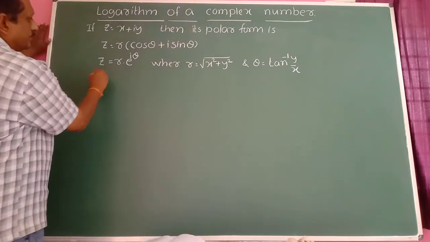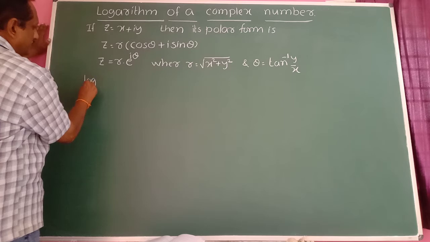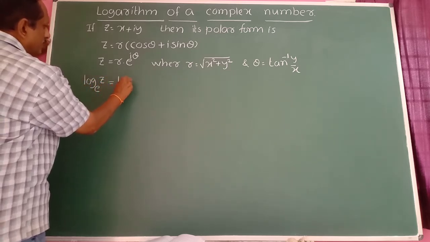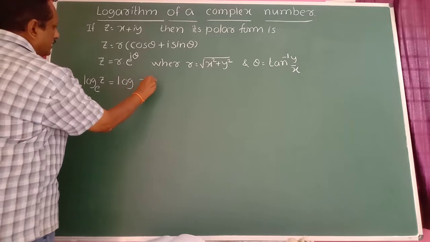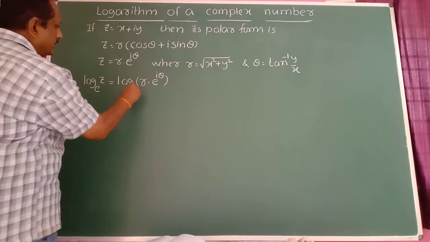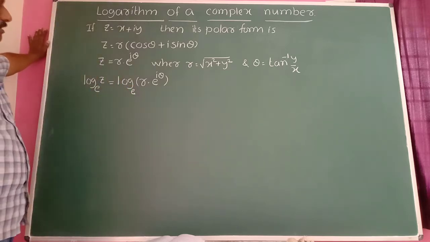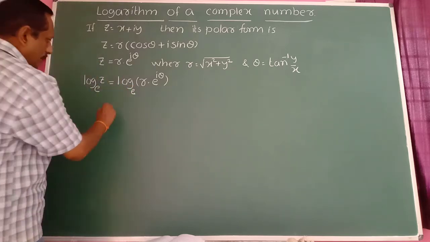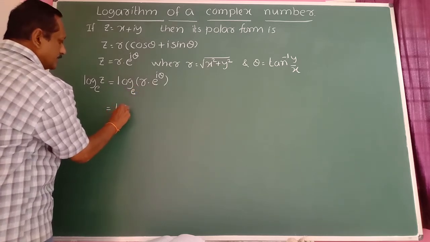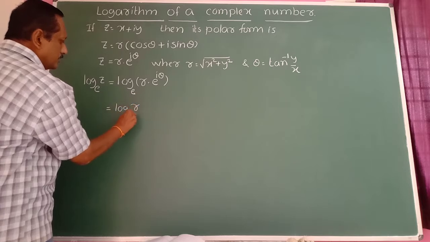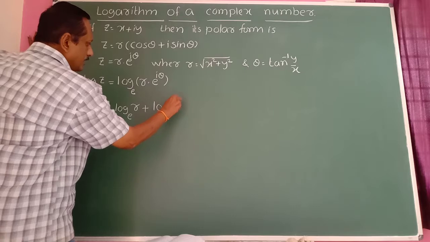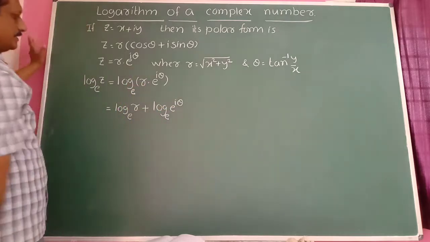Taking a logarithm on both sides, log of z to the base e is equal to log of r into e raised to i theta to the base e. According to the logarithm property, log of r into e raised to i theta can be written as log of r to the base e plus log of e raised to i theta to the base e.